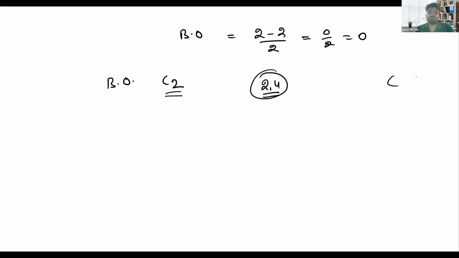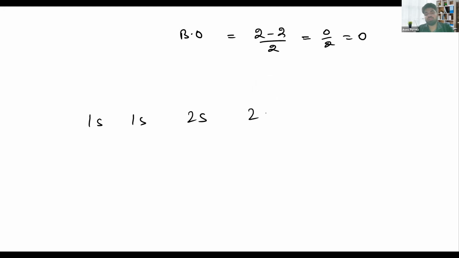Now we write the electronic configuration for molecules with less than 8 electrons: don't write 1s2 first, write 1s, then again 1s, then 2s, then again 2s.